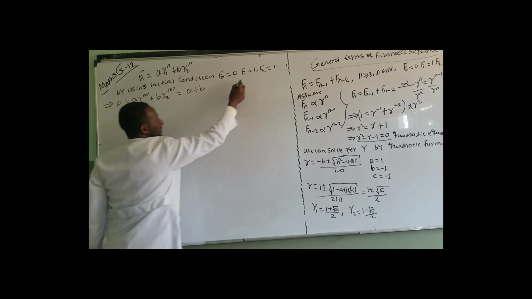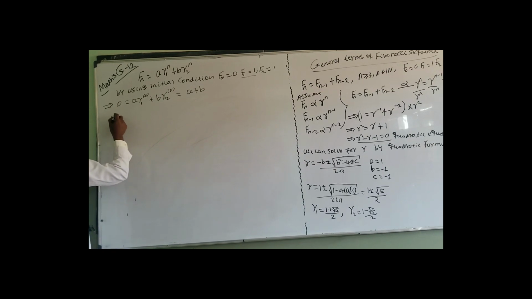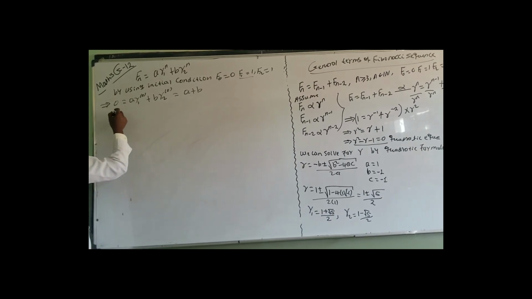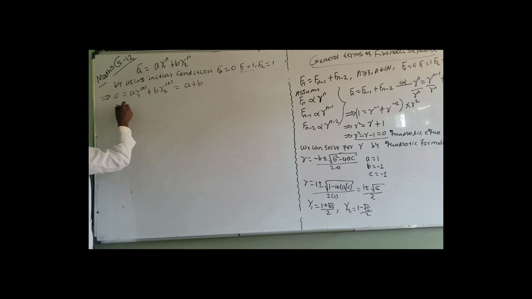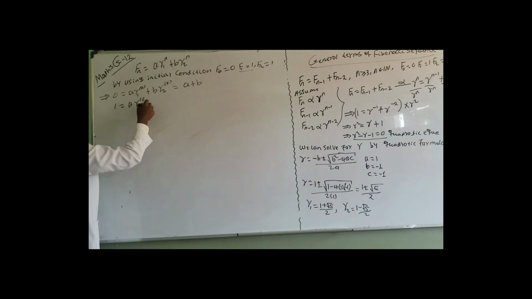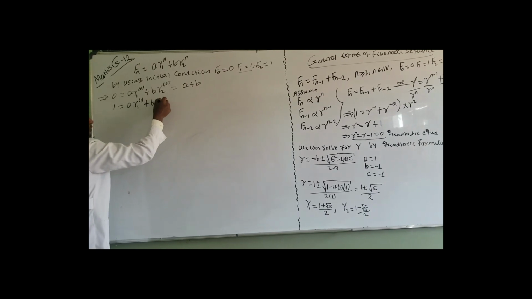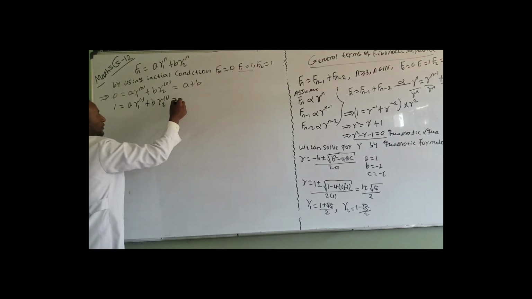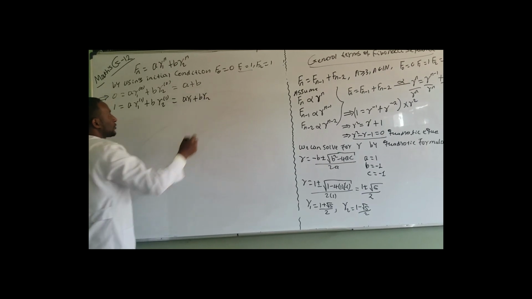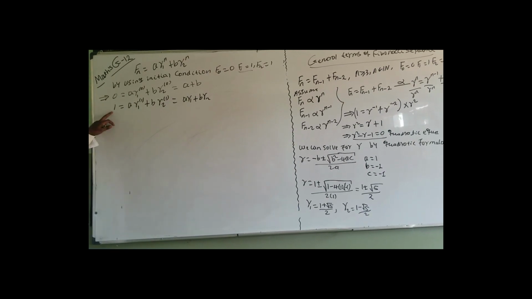By using f1, where n is 1, f1 is equal to 1, which is equal to a times r1 to the power of 1 plus b times r2 to the power of 1, which is equal to a times r1 plus b times r2, which is equal to 1.